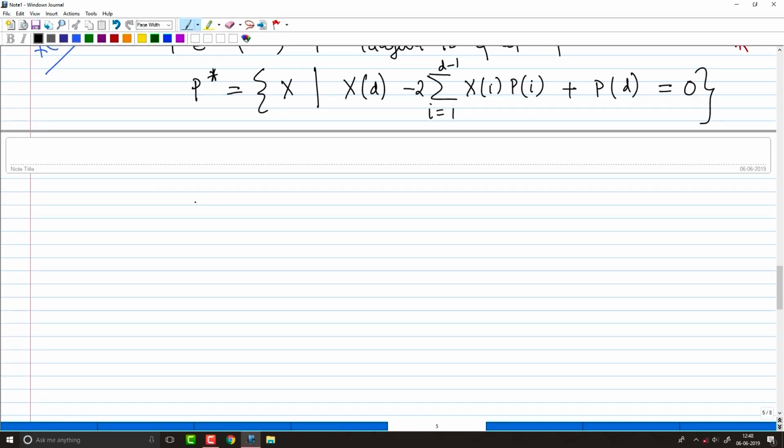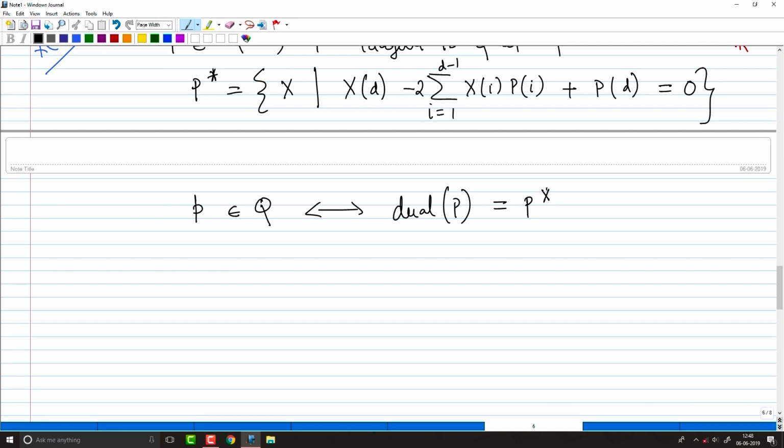So the definition should be such that if P belongs to Q, then the dual of P, which will be a hyperplane in R^d, should be equal to P star. That is how we want to define it.